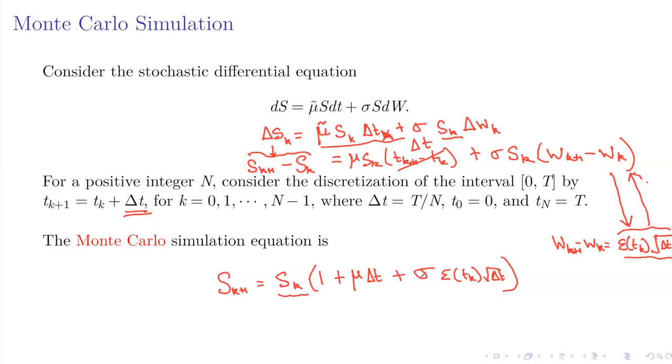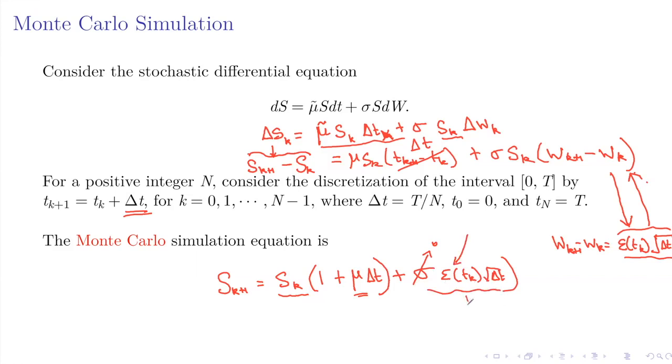If this random term is not there, then what you have is the classical per-period compounding formula, with the interest rate fixed as mu, right? And because of this term, you have randomness coming into the picture through the normal distribution.